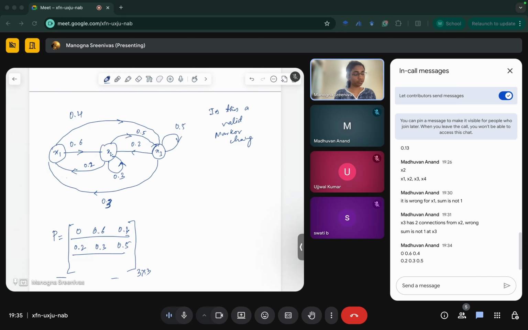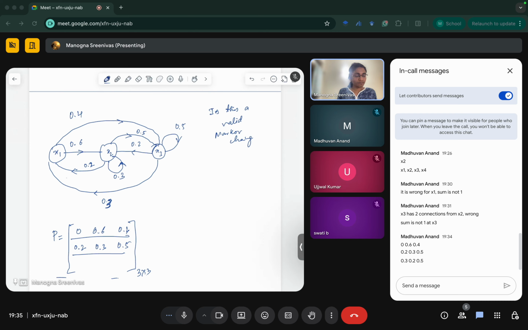And what about the third row? x3 goes to x1 with 0.3, to x2 with 0.2 probability, and it stays at its own state with probability 0.5. So this is the transition matrix for this Markov chain.